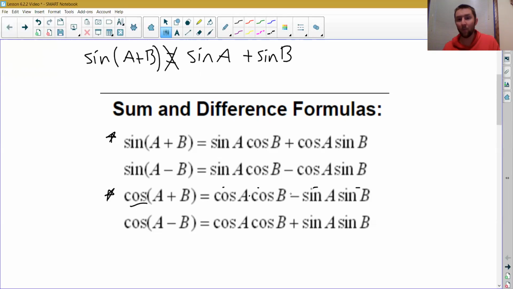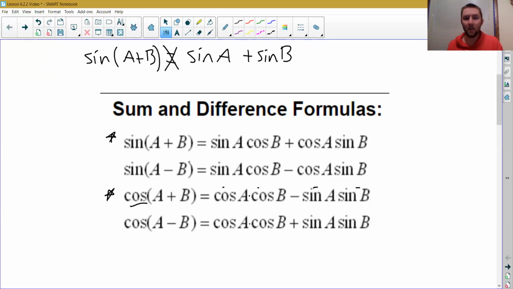Those are multiplied, and we minus because we were doing A plus B, right? The same is true for A minus B. It's still cosine A, cosine B, multiplied together. Cosines first, sines second, we add those together because this sign is minus, okay? So the sign flips for the cosines. The sign does not flip for the sines, okay?